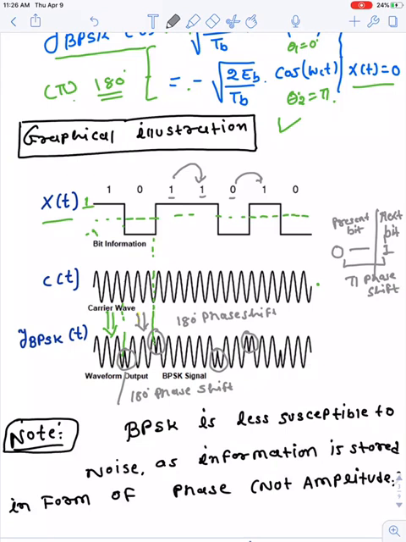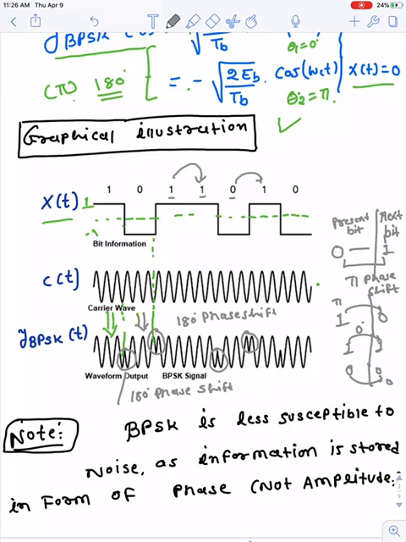The similar happens if your present bit would be a 1 and the next bit would be a 0, there would be again -pi-degree or maybe a pi-degree phase shift, right? If you have a 1 to 1 transition, there would be no phase shift. If there would be a 0 to 0 transition, there would be a 0° phase shift.